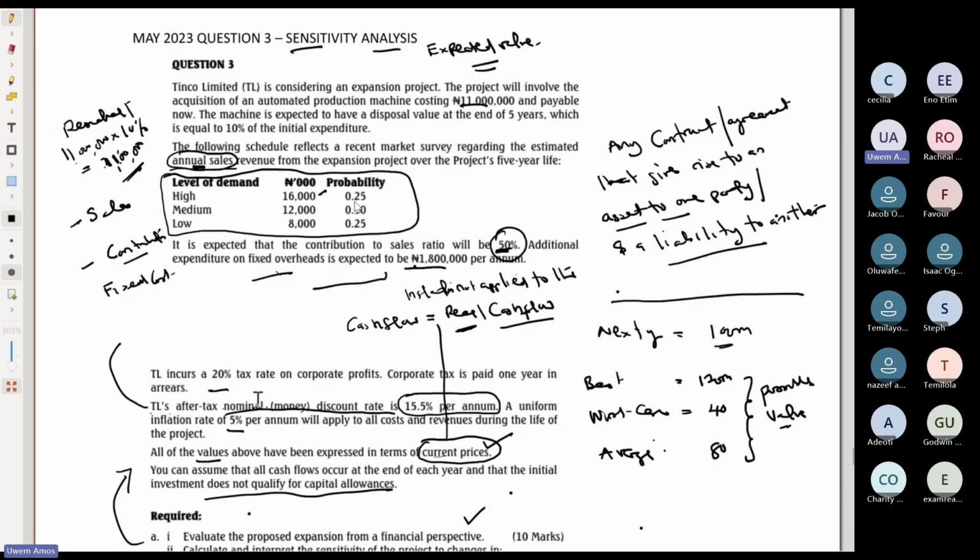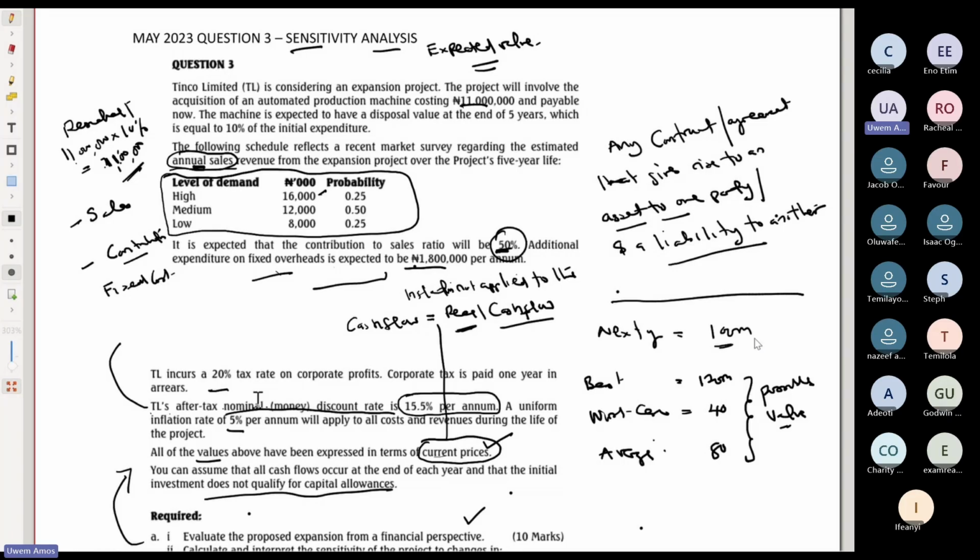So let's see what our sales would be for 5 years. We multiply the different possible values by the probability and then sum it up. So that would be 16,000 multiplied by 0.25, not 0.5, plus 12,000 multiplied by 0.5, and then 8,000 multiplied by 0.25, and that gives us our total sales.